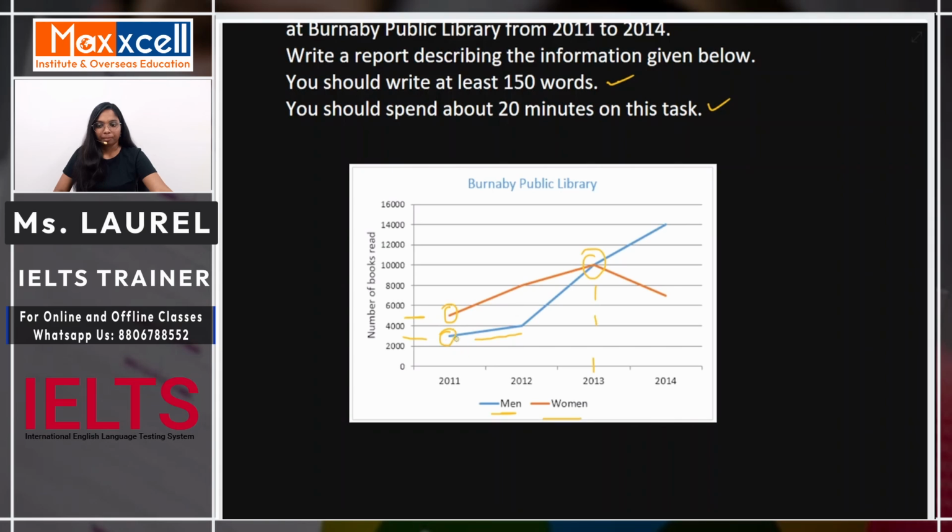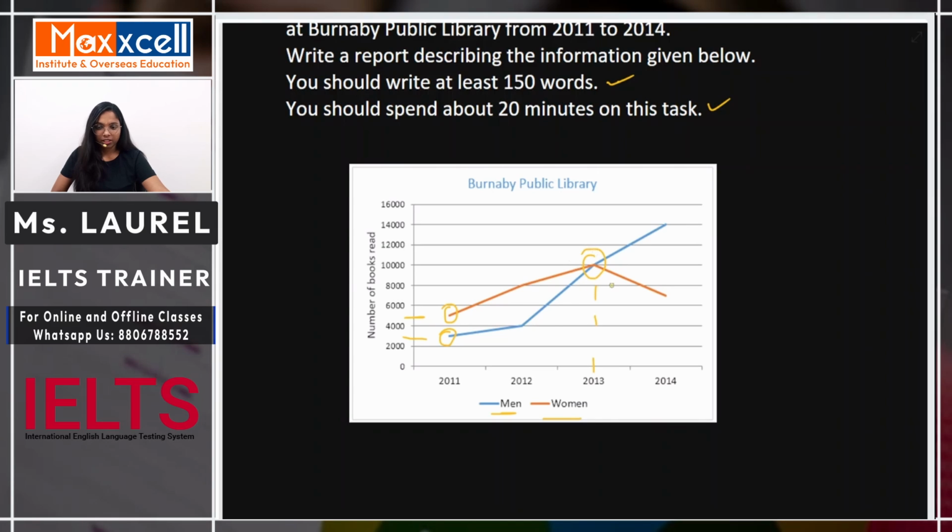initially the men had read fewer books than women, and then as we move on we can see that overall both of these, in the beginning they show a rising trend, and we can say that initially both the number of books read by men and women increased till 2013, right?